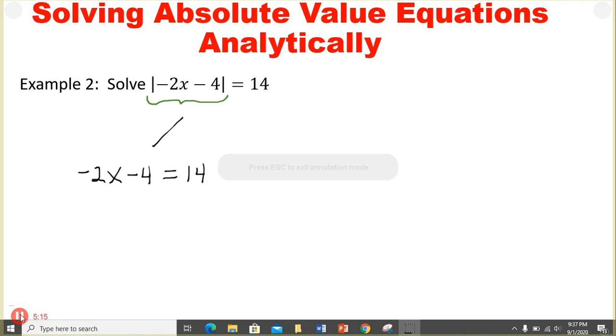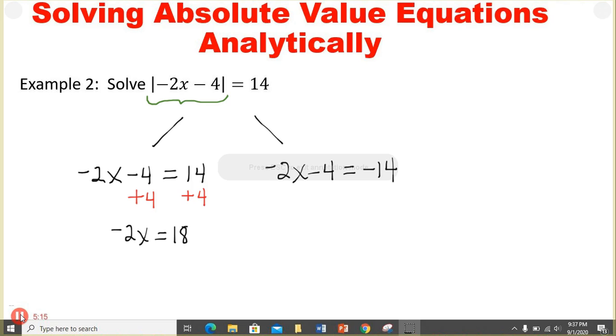So my second equation will be negative 2x minus 4 equals negative 14. So now we're ready to solve both of these analytically. So I'm going to add the 4 to both sides, which gives me negative 2x equals 18.